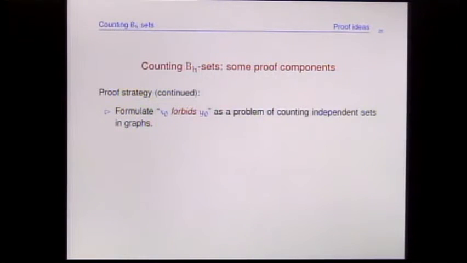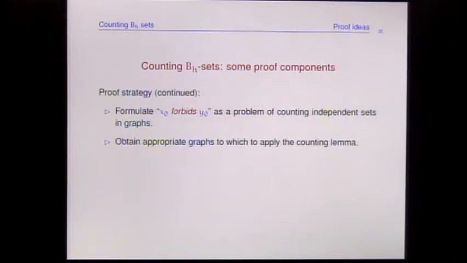Okay. So there's this game. If you put X0 in S prime, it forbids Y0, where X0 and Y0 solve that conflict equation. Now you can formulate that as a problem in graphs.